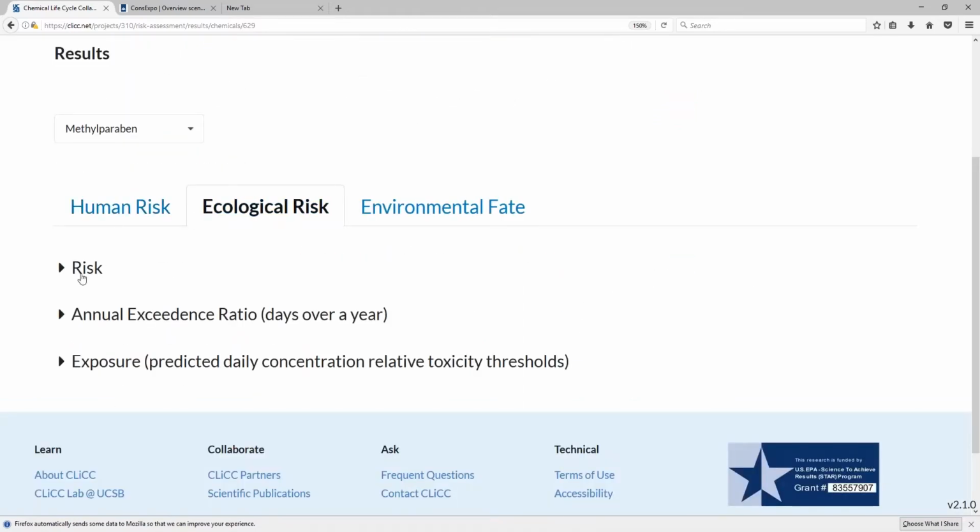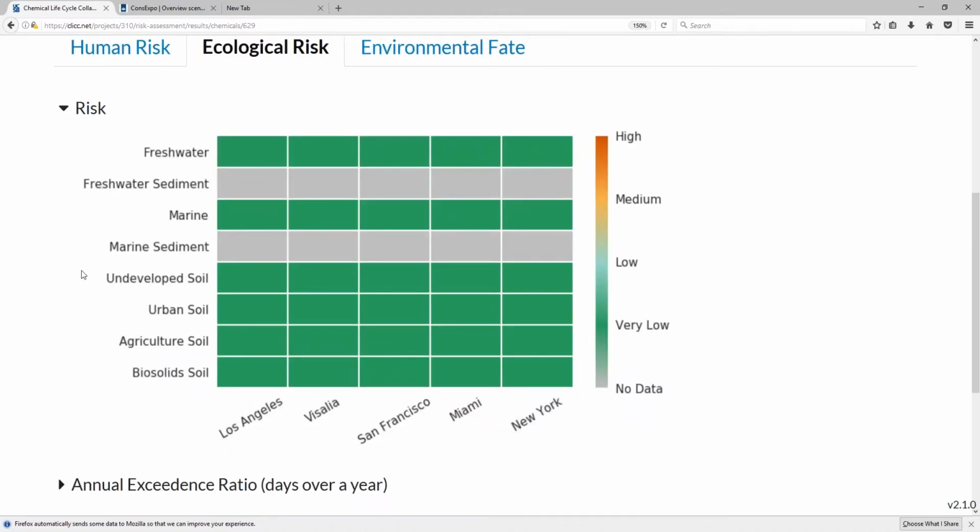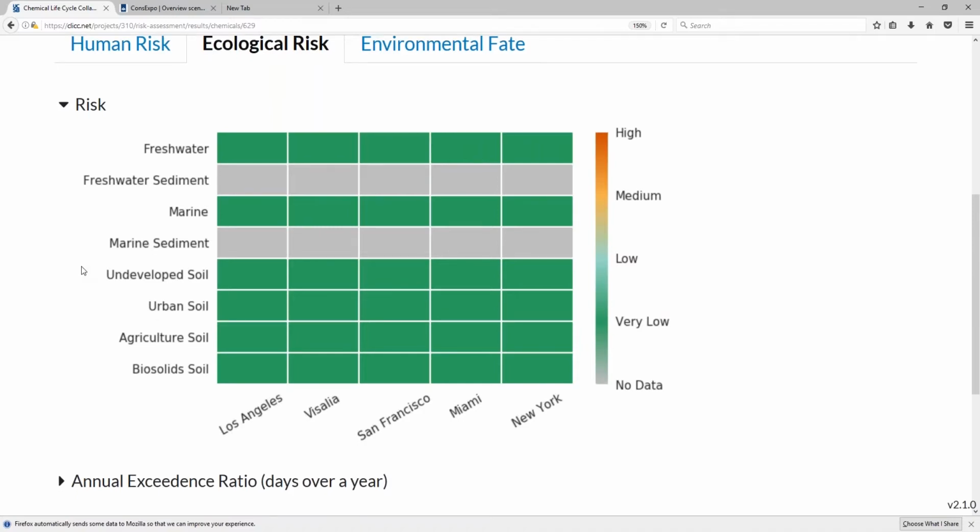ecological risk. In terms of ecological risk, first it gives you kind of a big picture screenshot, and everything green basically has a very low risk. So all of these, for those organisms that we looked at, do not present a risk. The ones that are grayed out are because we have no data on the organisms living in these environments, so we cannot predict it, but it is unlikely to be significant.